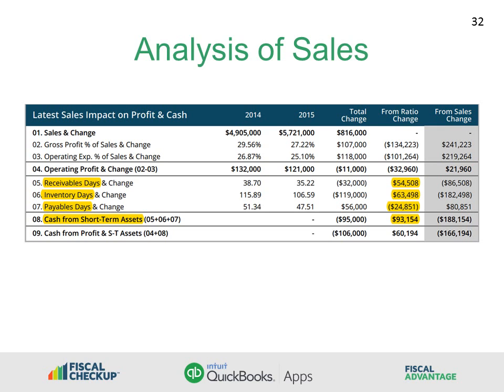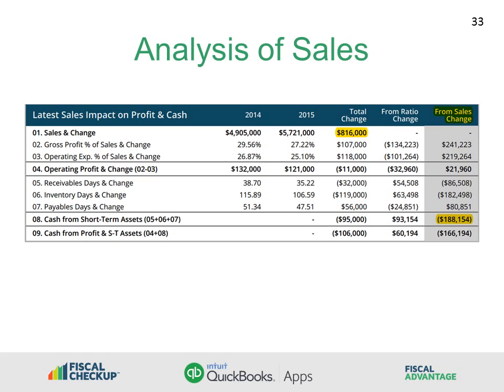A very similar analysis is calculated for the working capital accounts. Here, overall cash management, due solely to ratio changes, added over $93,000 in positive cash flow for this company. The improvements in receivables and inventory were used to pay their bills sooner.